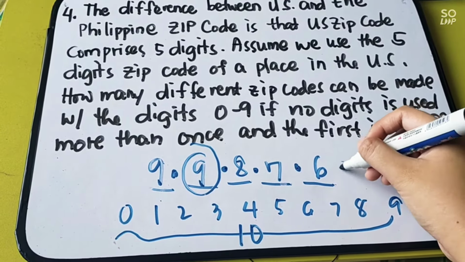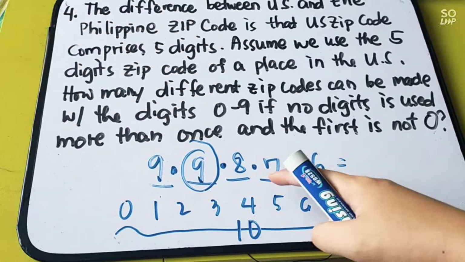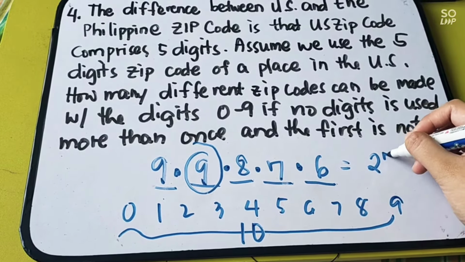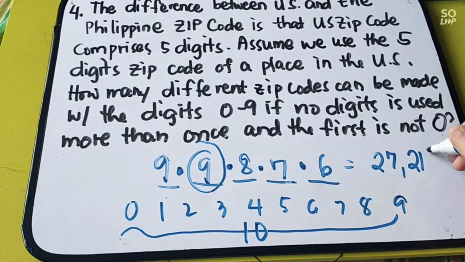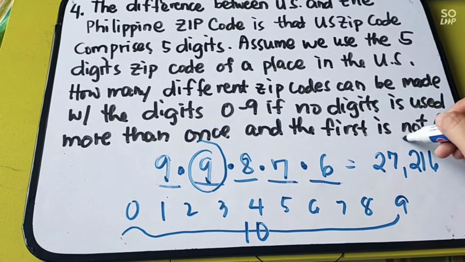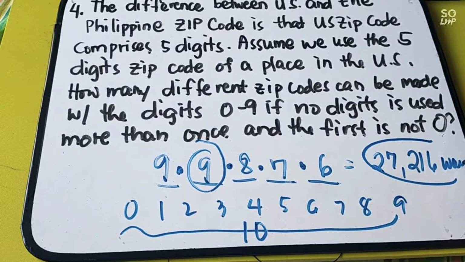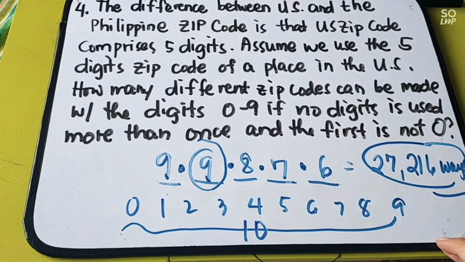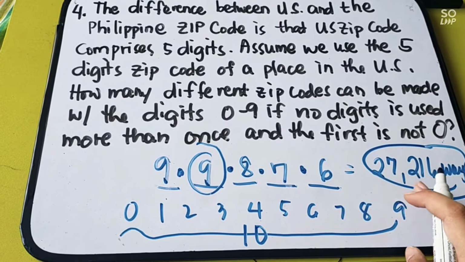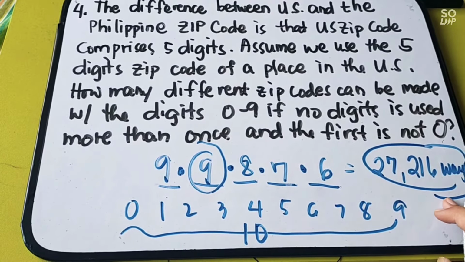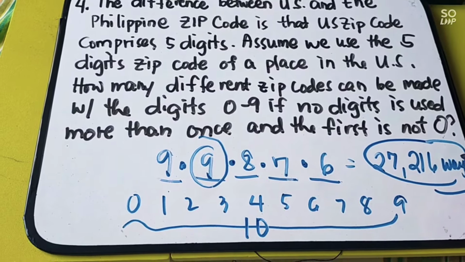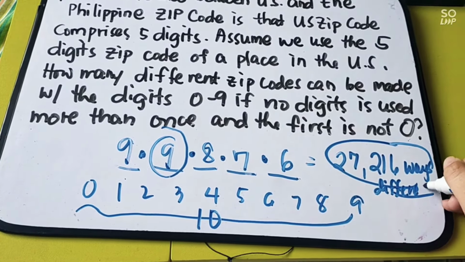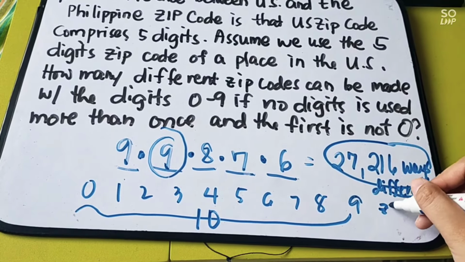So, if you multiply 9 times 9 times 8 times 7 times 6, the answer here is 27,216. So, this is the number of ways. Is it clear? 27,216 different zip codes po ang pwede mong makuha.